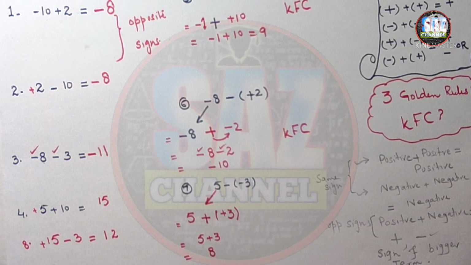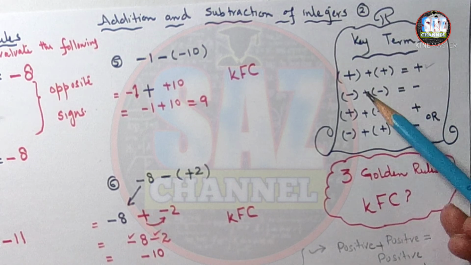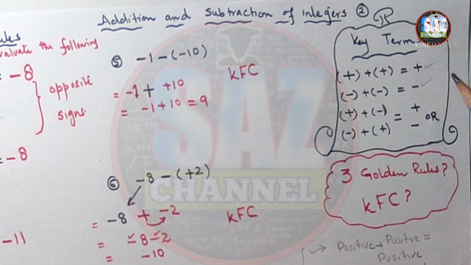Please watch and understand these lessons properly, and for better understanding you can keep these rules in mind: plus with plus will give you plus, and when adding two negatives we get a negative sign.